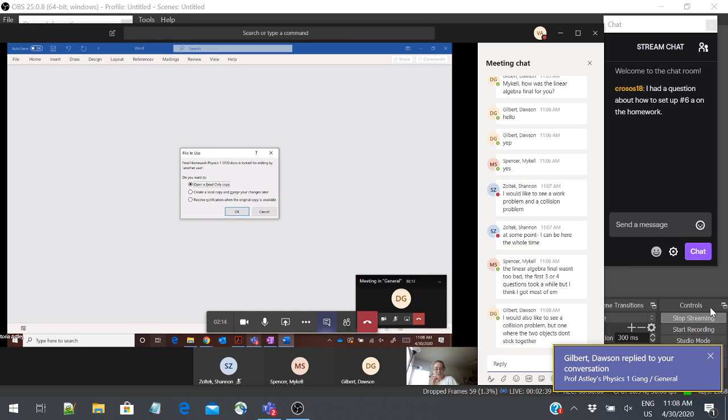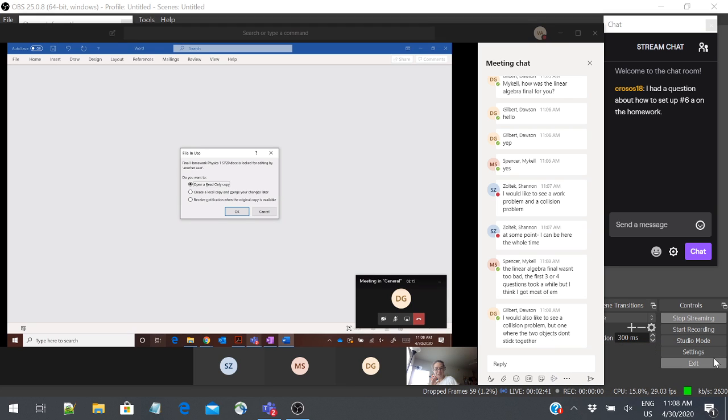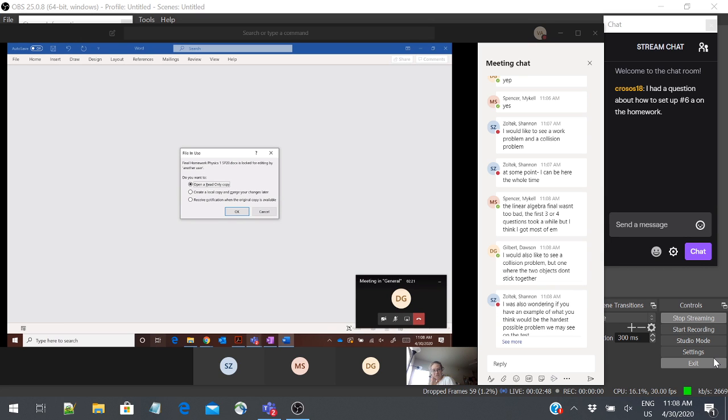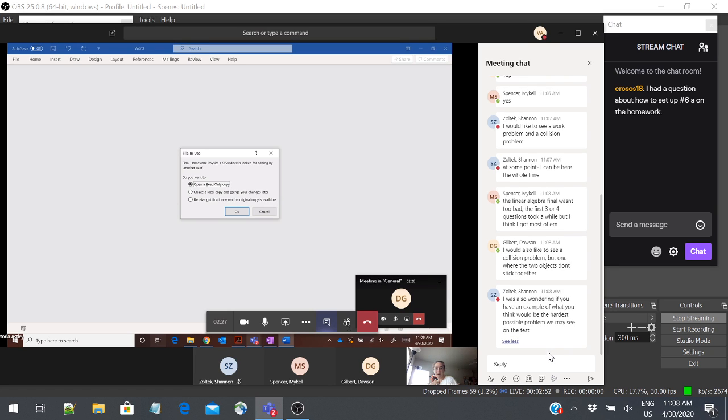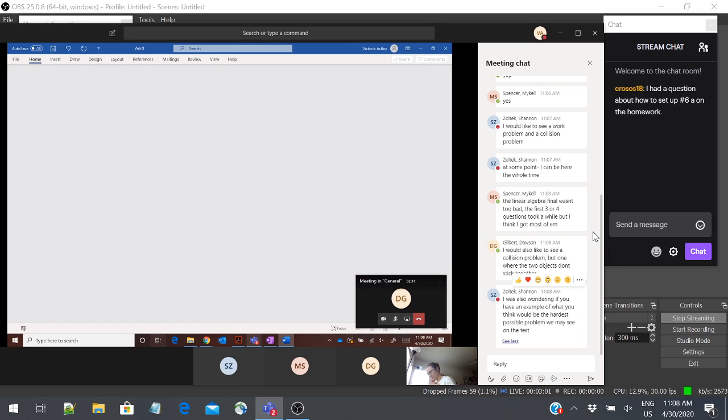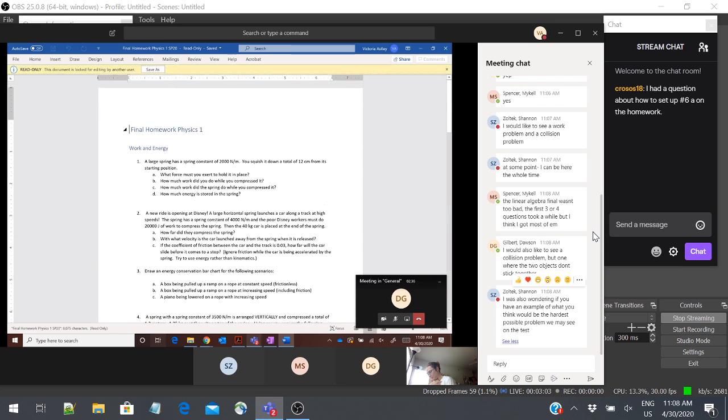But whatever. It can be read only. The hardest possible problem we may see on the test. Ooh. That's a hard one. How can this be locked by editing? And there is no other user. It's weird.